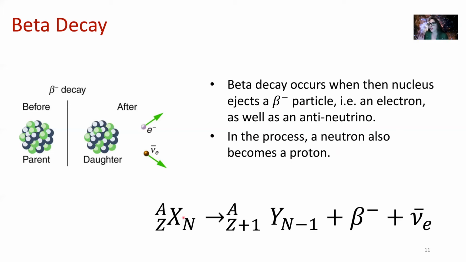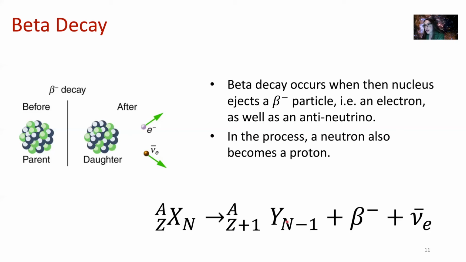So we start with our nuclide, and then we undergo beta decay. So one of our neutrons becomes a proton, which means that our total number of nucleons remains the same. A remains the same here, but we add a proton, and we lose a neutron from our created daughter particle.